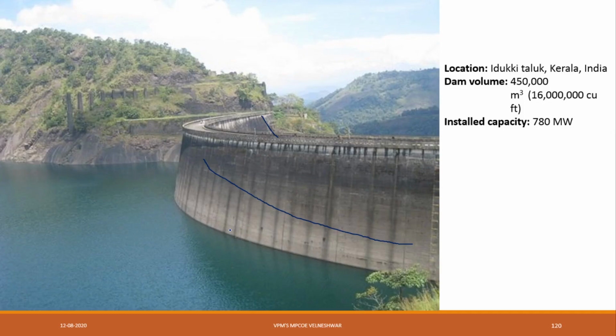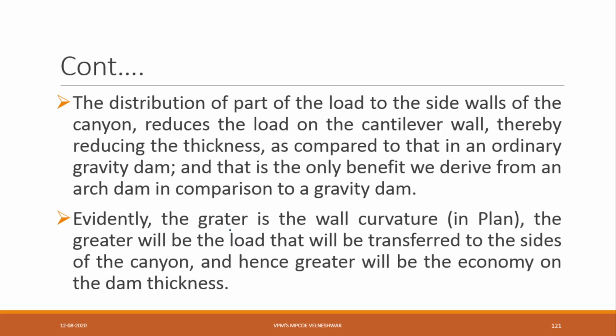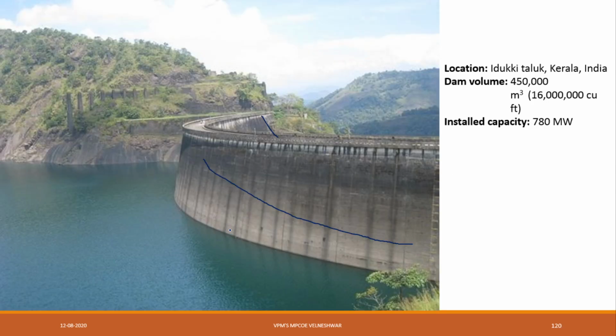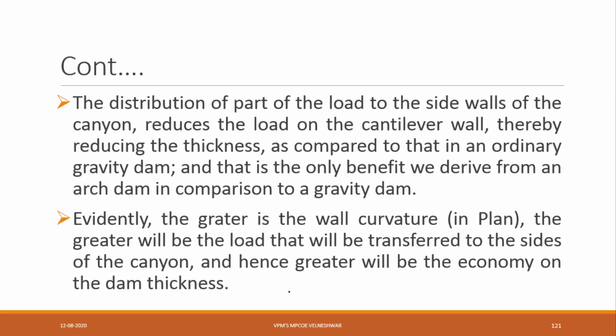Due to the canyon and everything, our cantilever wall load will be reduced, thereby reducing the thickness. Sometimes, for suppose here the thickness is the same; in some conditions it may be reduced as compared to an ordinary gravity dam.